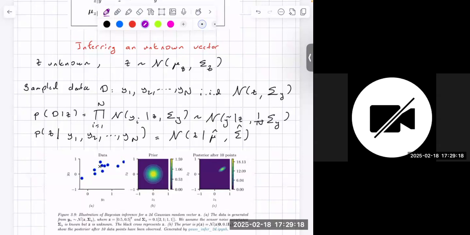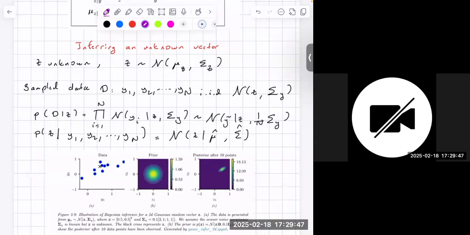You're taking measurements about the Z you're trying to understand. They're all noisy. Suppose they are centered at Z, and they have some noise covariance. Okay? Then what I want to do now, Gaussian being nice, you compute through this whole thing, the data posterior conditioned on Z comes out to be yet another Gaussian.